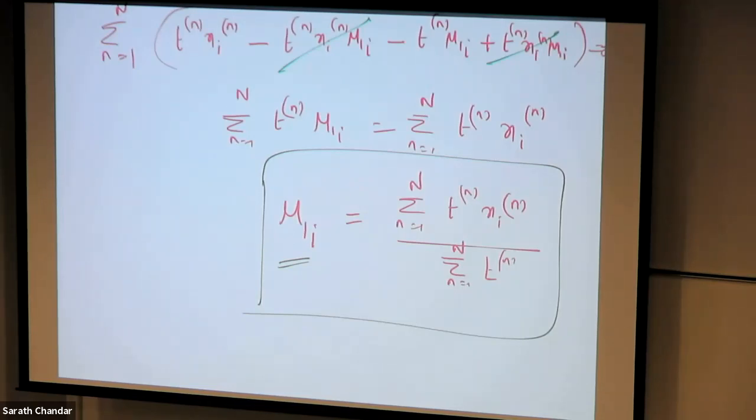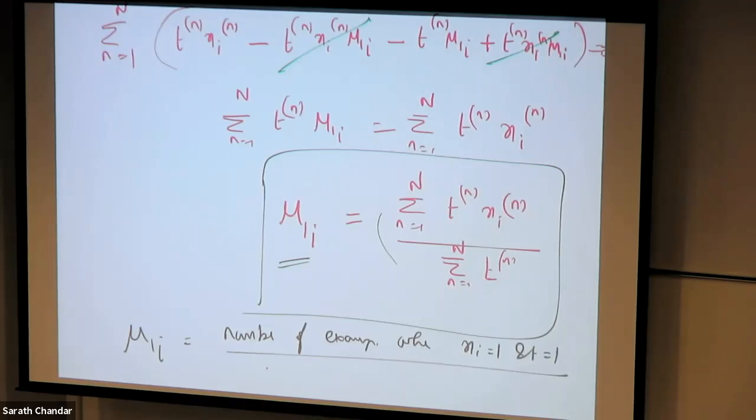Now if you look at the right-hand side, it basically takes an average or computes the frequency of this feature being 1. So μ_1i, in literal terms, is the number of examples where x_i equals 1 and t equals 1, divided by the number of examples where t equals 1.